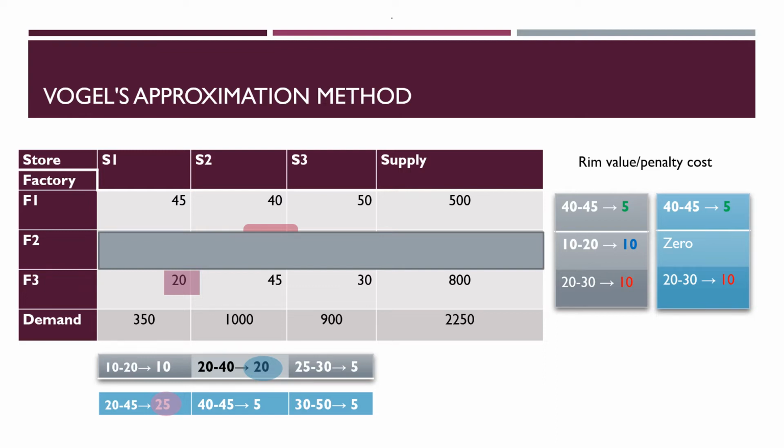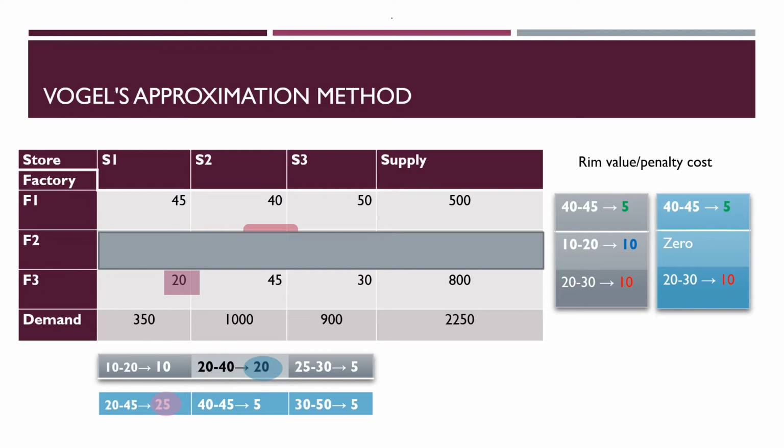Here, in the F3 row, the lowest cost is 20. Therefore, we are going to allocate to the F3 S1 cell. How much is the quantity? 350 or 800. I always repeat that we should use the lowest quantity.